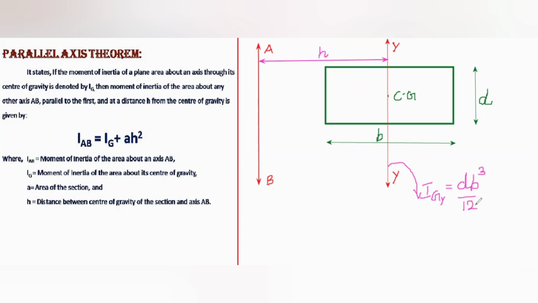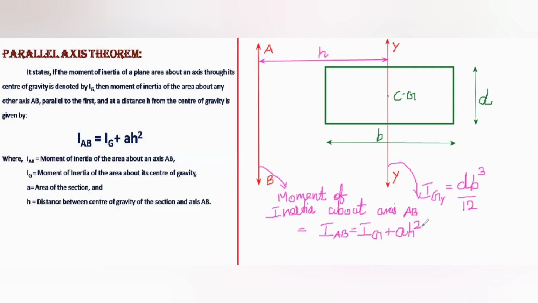Then we have to calculate the moment of inertia with respect to or about axis AB. That is IAB, that equals Ig plus A h square.